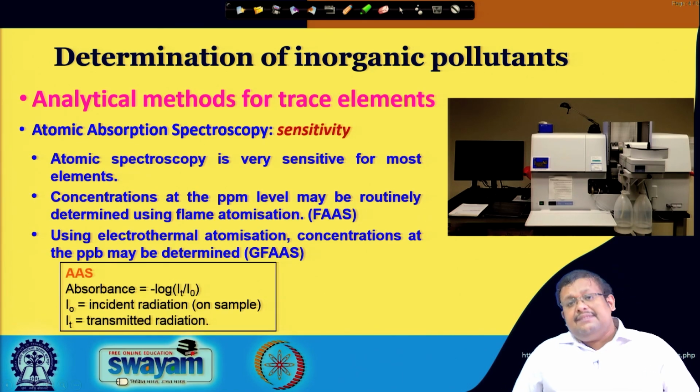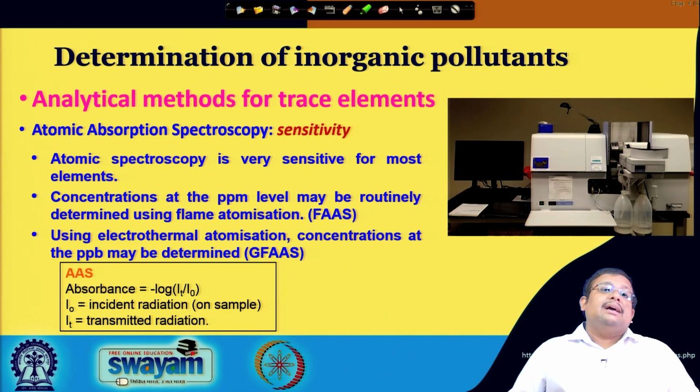Now, regarding the sensitivity, remember that atomic spectroscopy is very sensitive for most elements, and concentrations at the ppm level may be routinely determined using flame atomization, which we call FAAS, flame atomic absorption spectroscopy. Another way is electrothermal atomization, for concentrations at the ppb level.